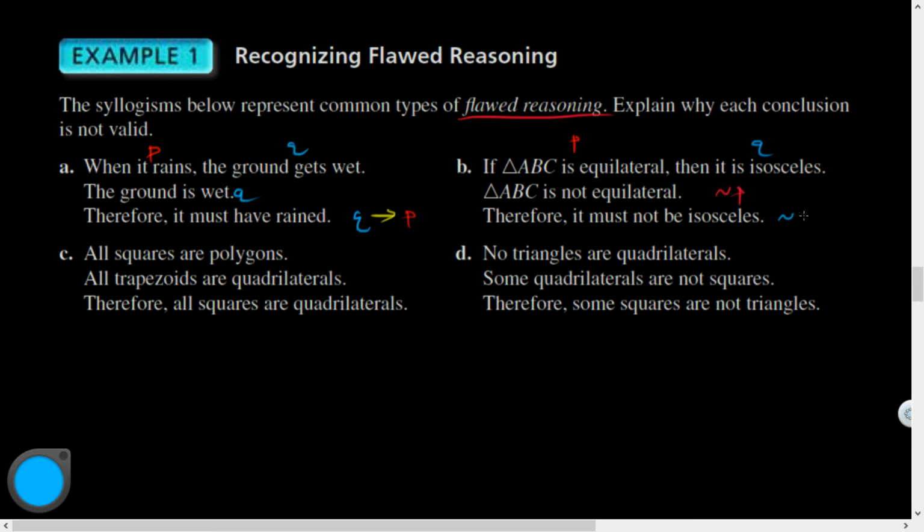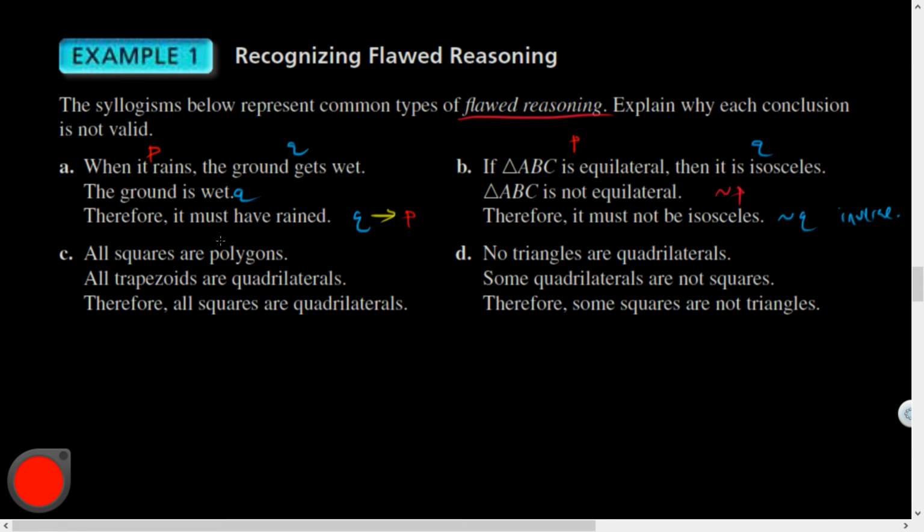Not Q. So we could describe that as the inverse, I believe, of the original statement. And I don't know the inverse is true just because I know the original is true. This logic only works when I have the P, not the not P. Very good. Okay. So that one fails.